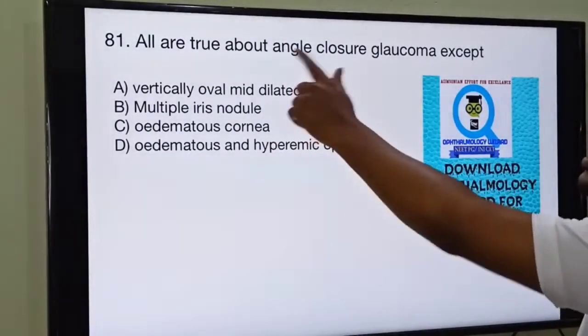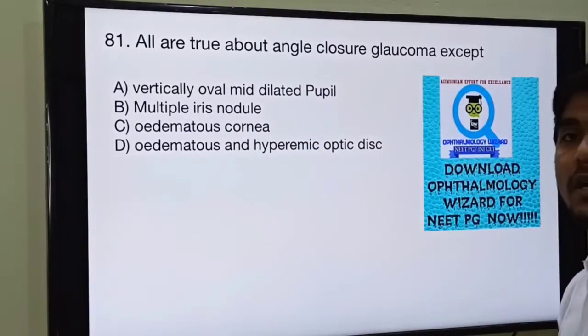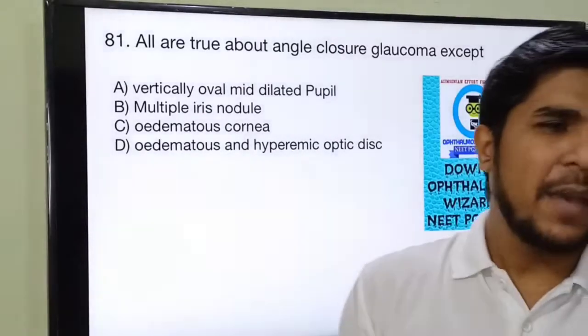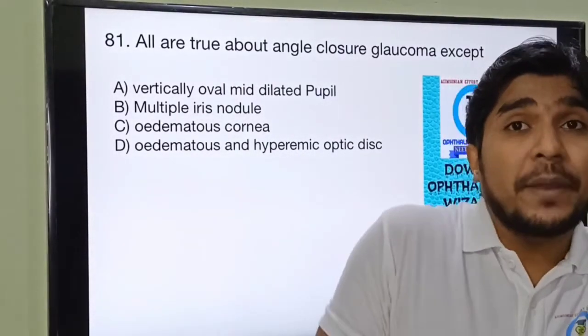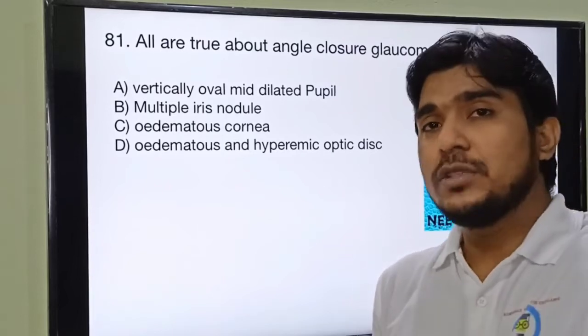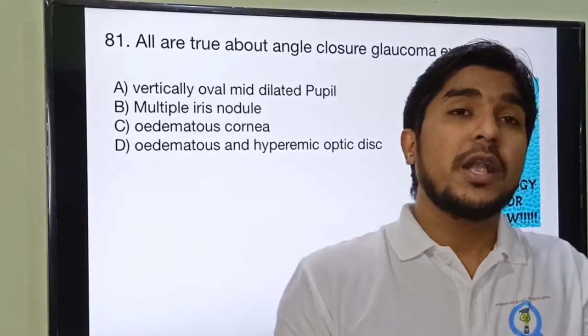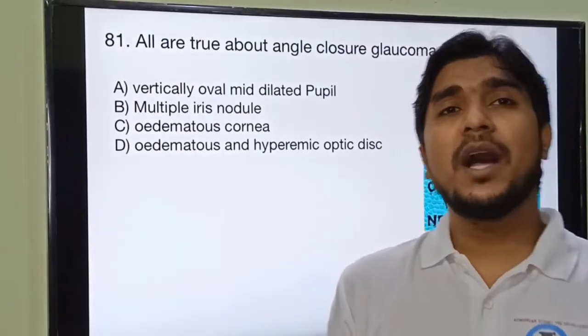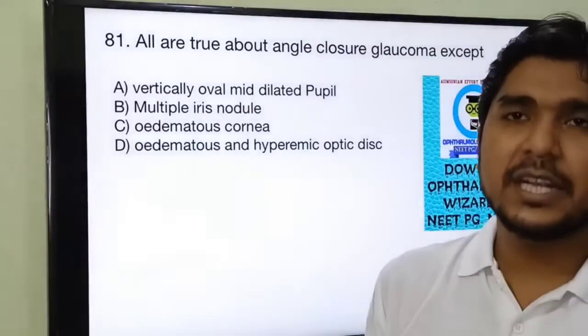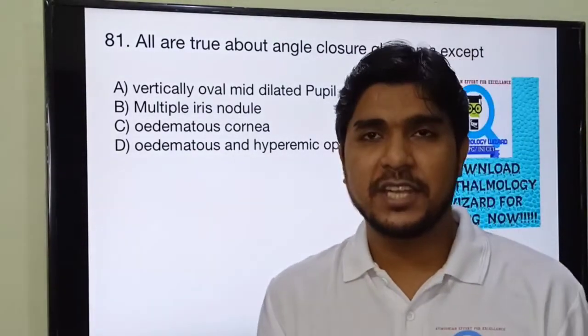All are true about angle closure glaucoma except. There are different types of glaucoma. It can be open angle, closed angle, normal tension glaucoma, or ocular hypertension. They are all different scenarios.